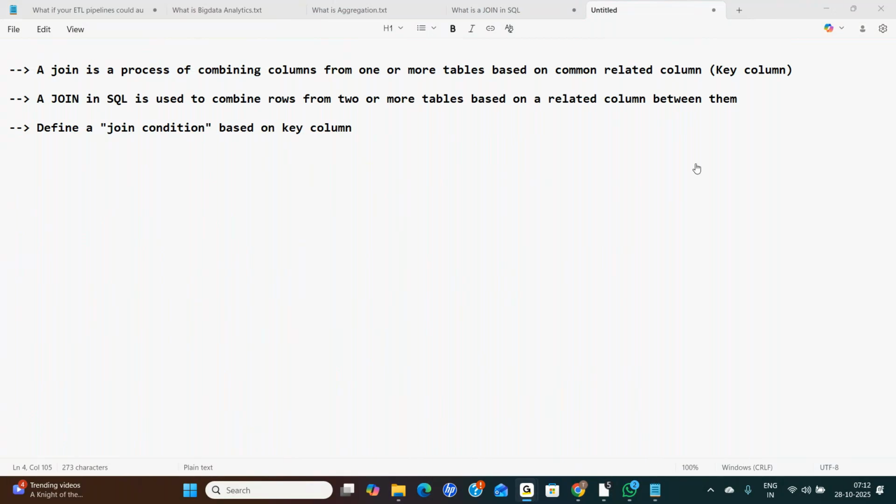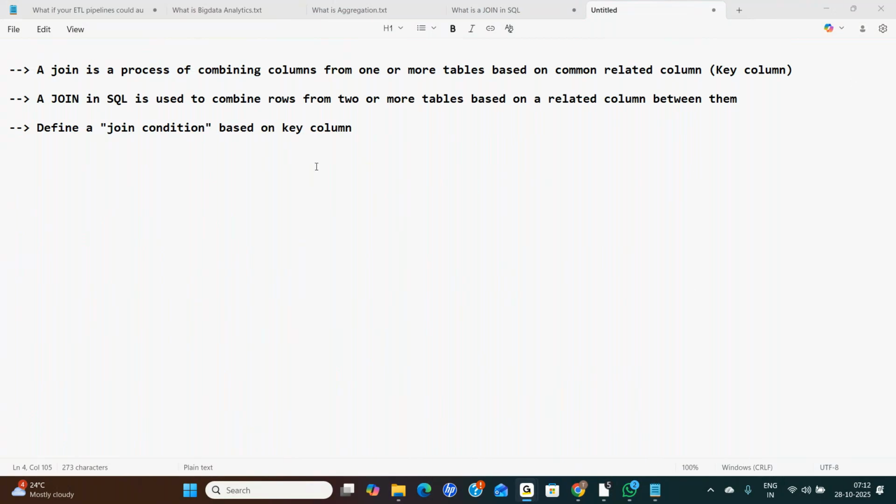Okay, so simply, it's a process of combining the columns from one or more tables, or it's a process of combining the rows from one or more tables based on a related column or common column. Related column means a common column. That common column is used in the join condition.